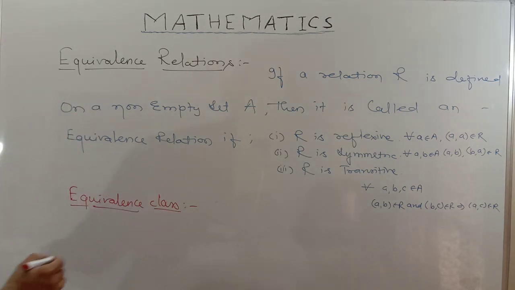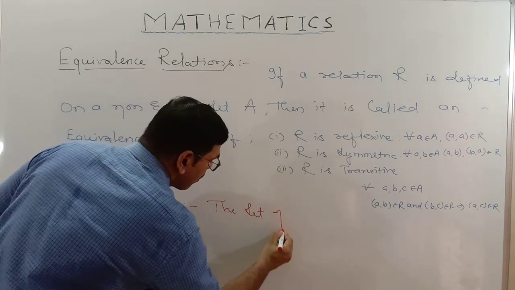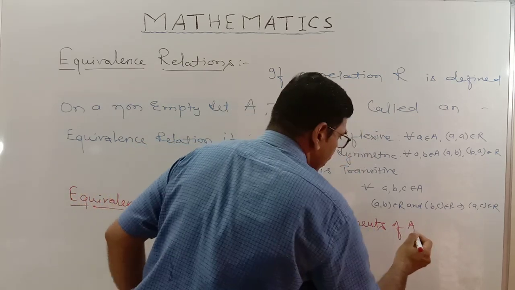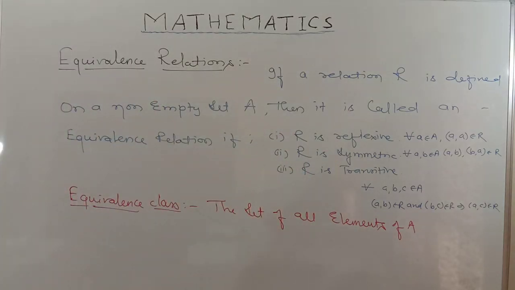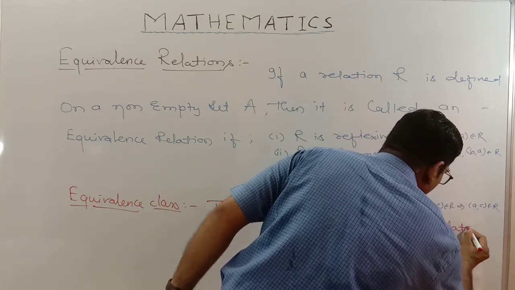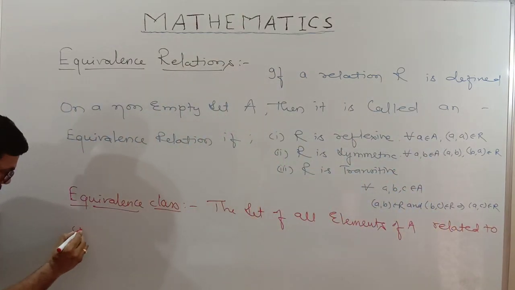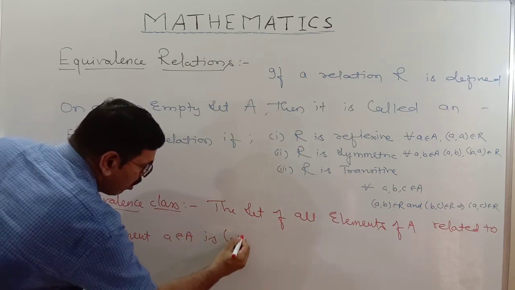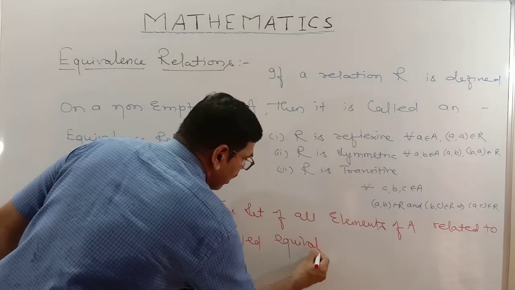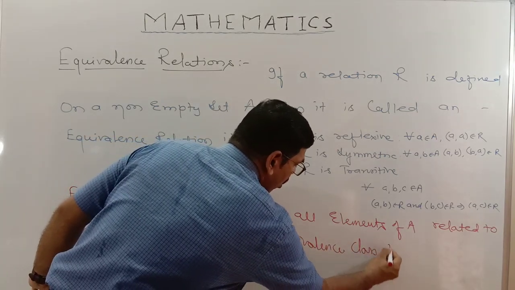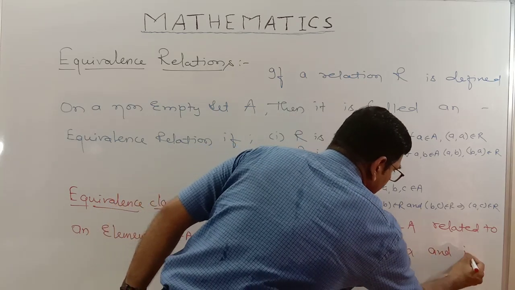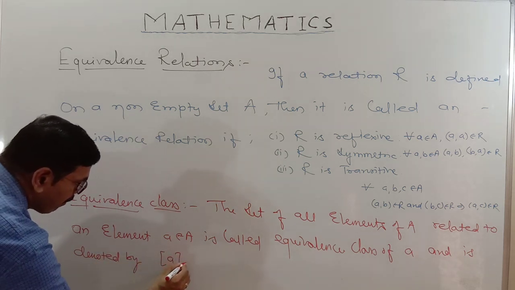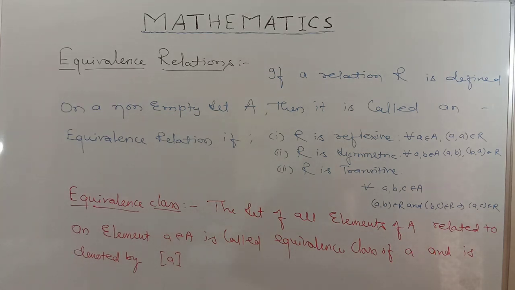The set of all elements of A that are related to an element a belonging to A is called the equivalence class of a, and this set is denoted by [a].